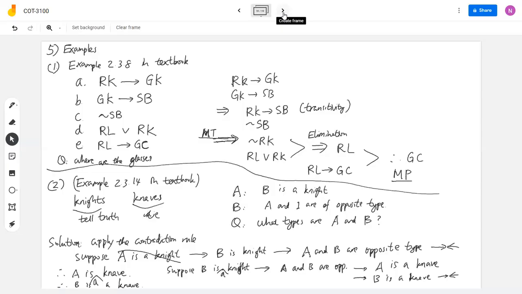The general rule is you assume something. If you find a contradiction, you can stop, and your correct conclusion is your assumption is wrong. But if you don't find any contradiction, it doesn't mean your assumption is correct. Maybe it's correct, maybe it's incorrect, and you haven't found the contradiction.